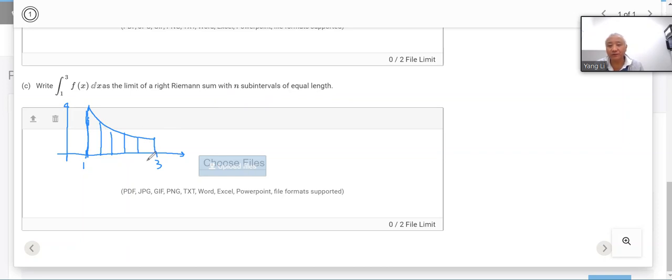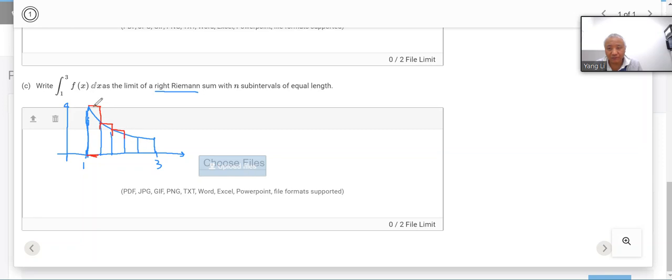They told you it's a right Riemann sum. Be careful, how do you get a right Riemann sum? You cut like this. First thing first, we need to determine the base. We pick the right endpoint as the height.